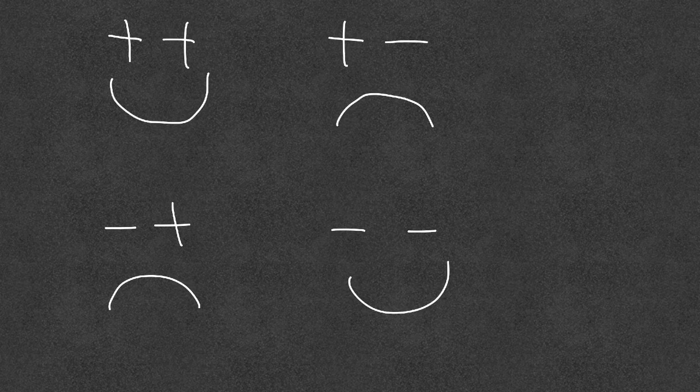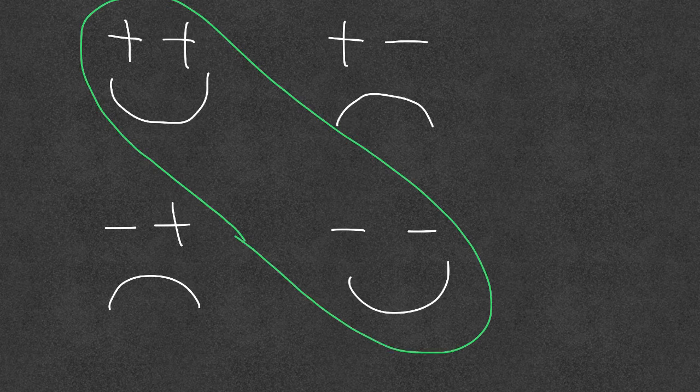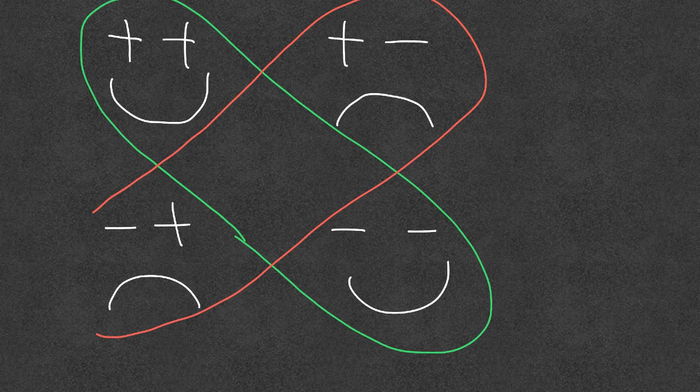They're little silly faces, but it helps keep things in line with these rules. When the signs are the same, the answer is positive, as you can see with these two faces. But when the signs are different, one's positive and one's negative, the answer is negative.